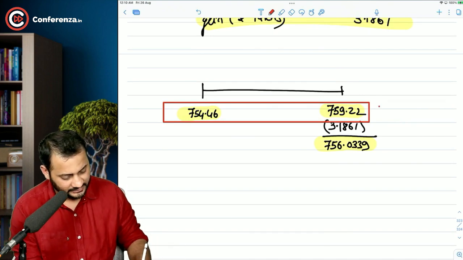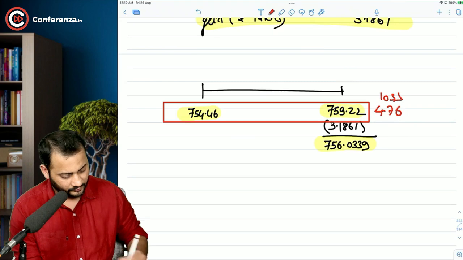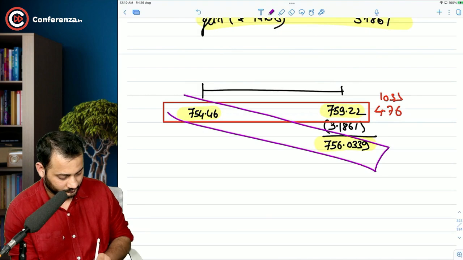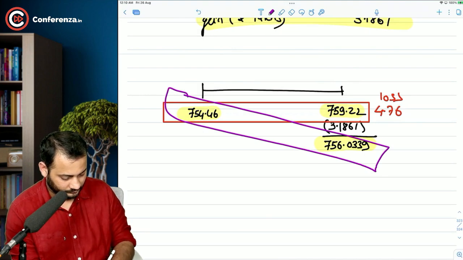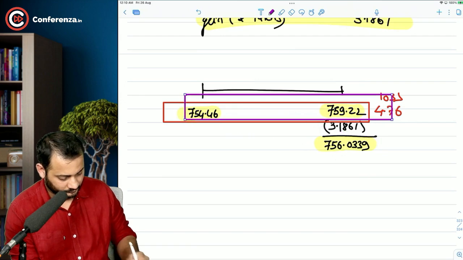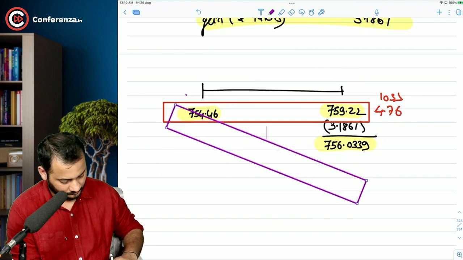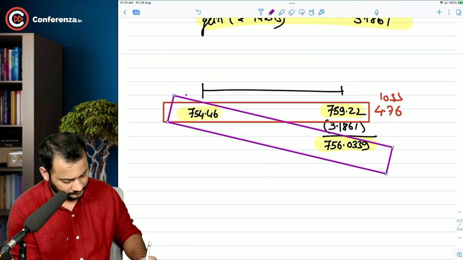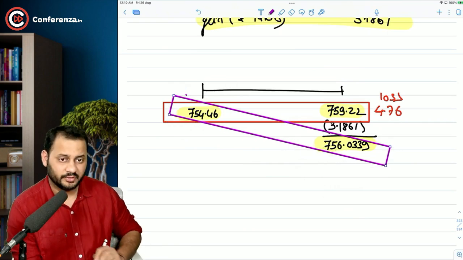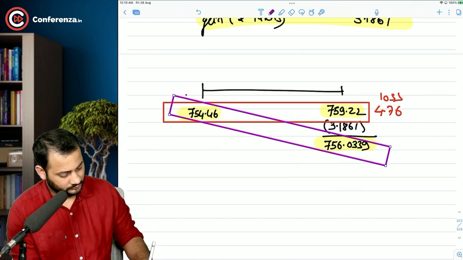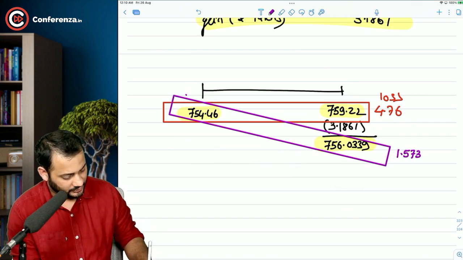was 4.76 lakhs. Do you remember? That was the loss. Now what is happening? The loss is getting reduced. The difference between these two, 756.0339 minus 754, 1.579.